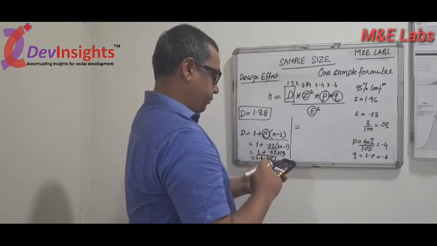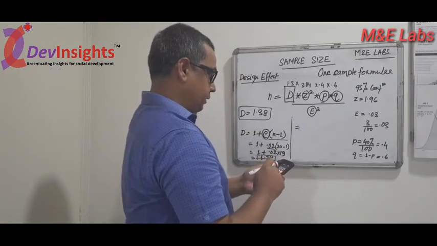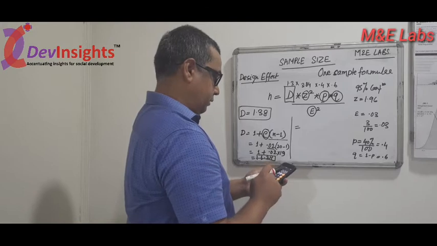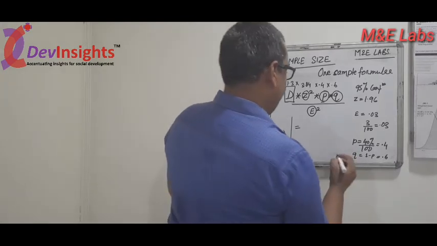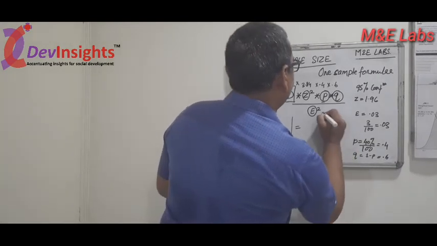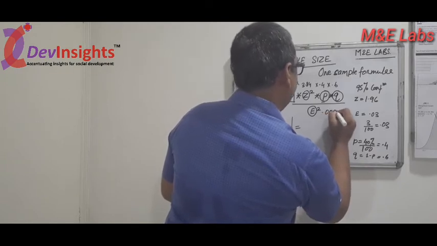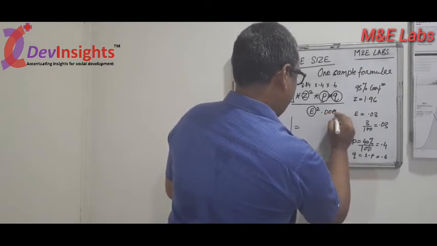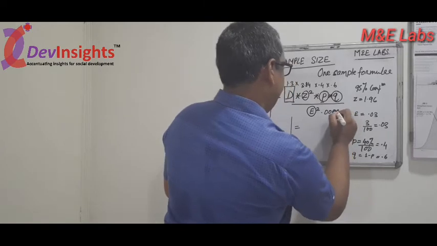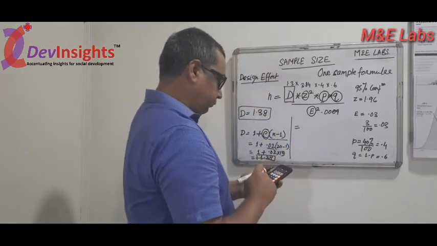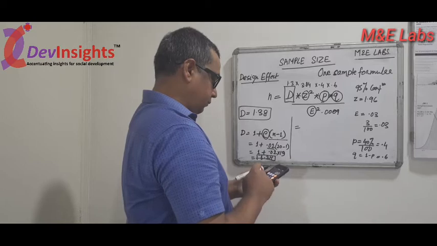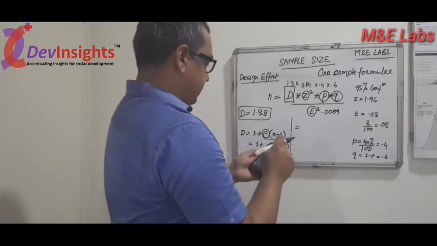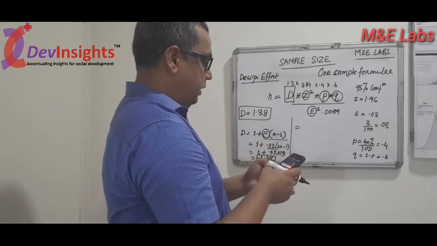Now error 0.03 whole square is equal to 0.0009. Now let's do the rest of the calculations.